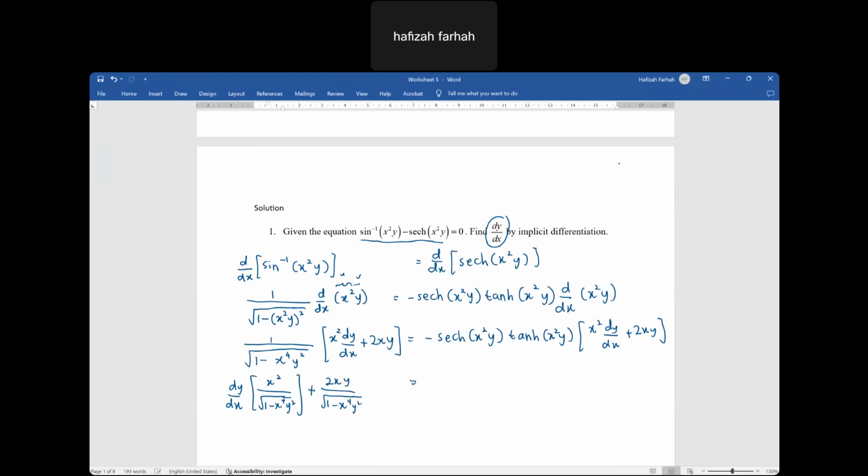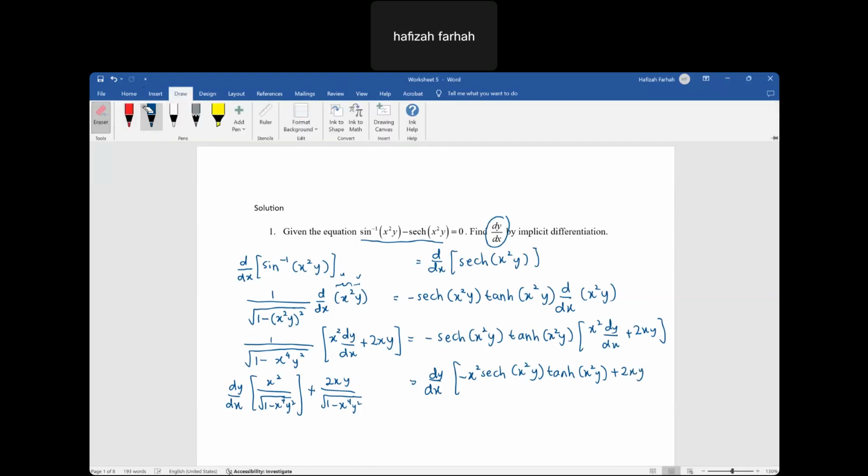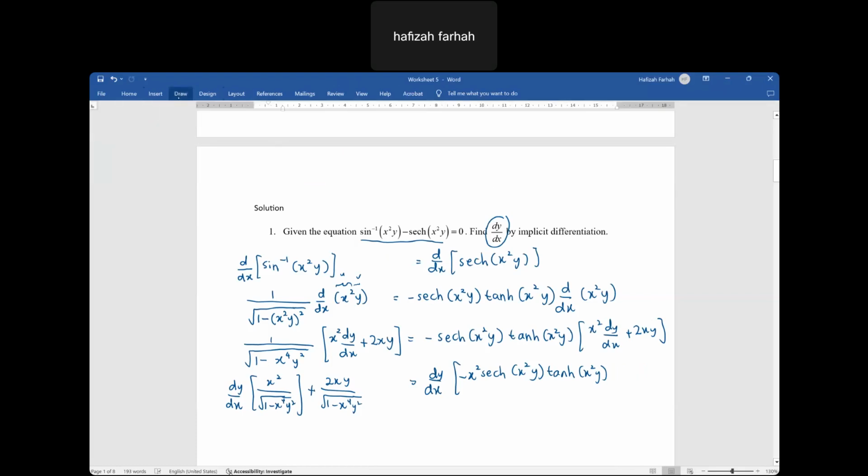Then for the right hand side, you get dy/dx times x squared secant hyperbolic tangent hyperbolic, and then plus 2xy. I write it below: plus, minus, 2xy secant hyperbolic x squared y tangent hyperbolic x squared y.